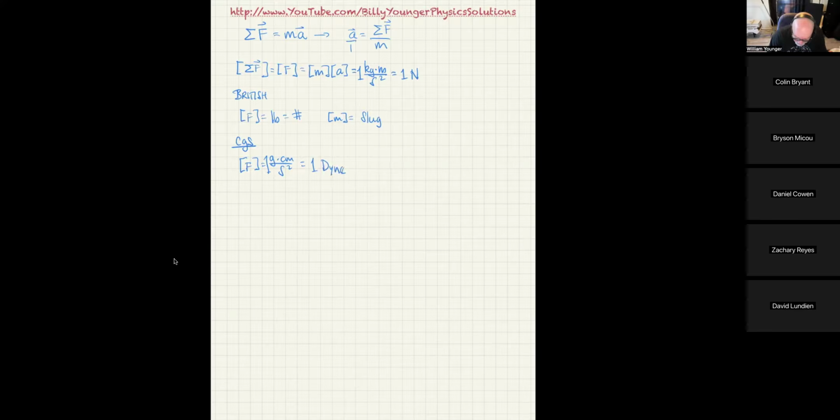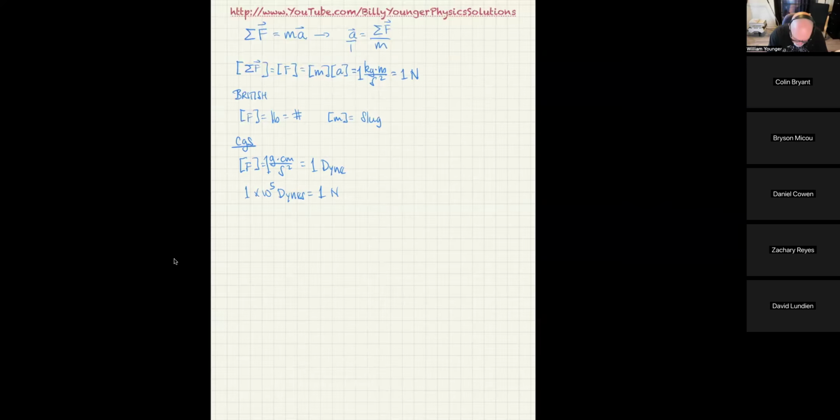And you can see that 1 times 10 to the fifth dynes is equal to 1 Newton, because in order to convert the gram to a kilogram, you have to divide by 1,000, and in order to convert the centimeter to a meter, you have to divide by 100. So you ultimately divide by 100,000, and that's what 10 to the fifth is. So 1 times 10 to the fifth dynes is equal to 1 Newton. So you can see the dyne is a really, really small unit.